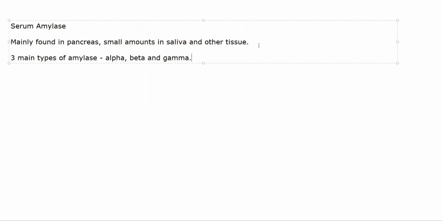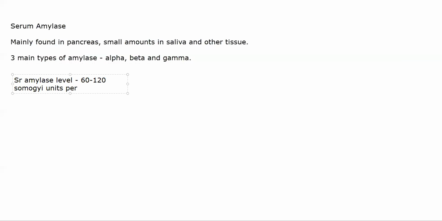Okay. Now, normal serum amylase level is around 60 to 120 Somogyi units per 100 ml or deciliter.